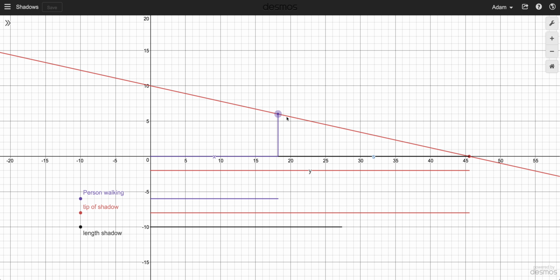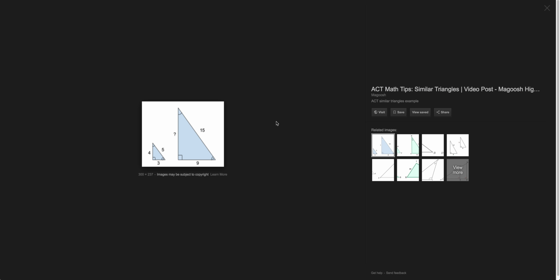So those 2 triangles are what are called similar triangles because they have the same 3 angles. I'll let you think about why they have the same 3 angles, but what's cool about this fact is that when you have 2 triangles that are similar, we can take the ratio of any 2 of the sides and we'll always get the same answer.